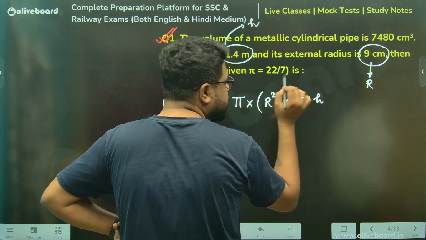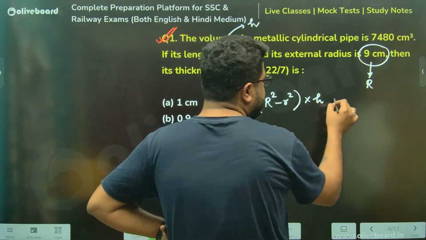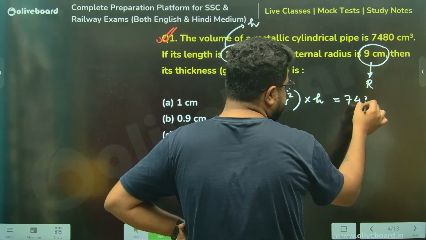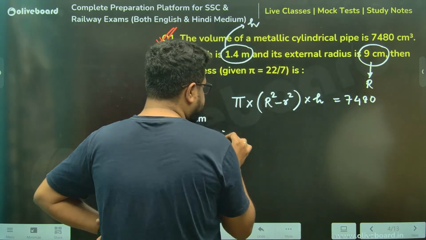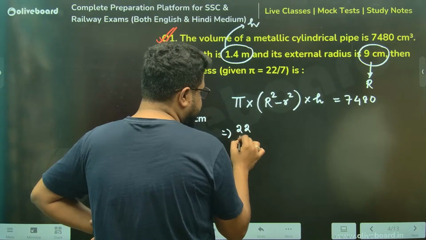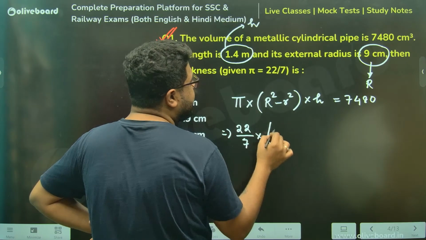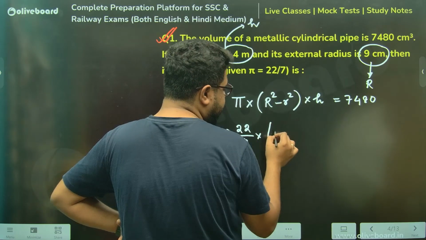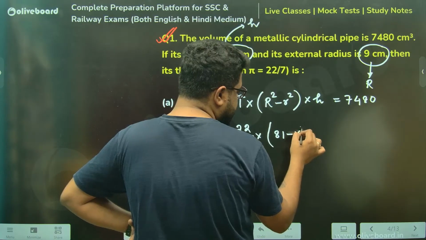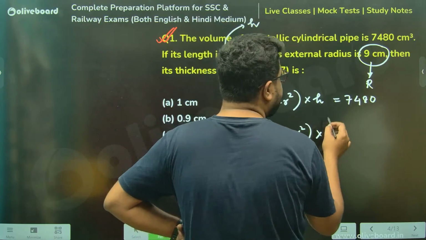The volume is given as 7480. It's a very simple question actually. 22 by 7, capital R is 9, so 9 square, into height, which is 1.4 meter.